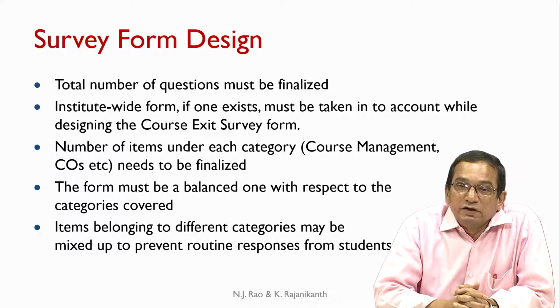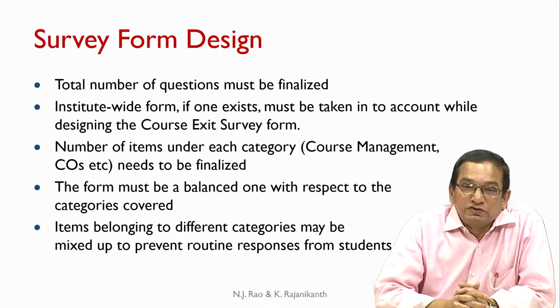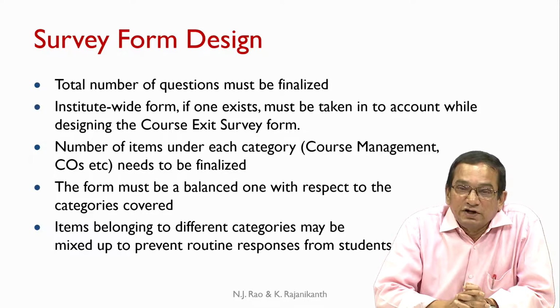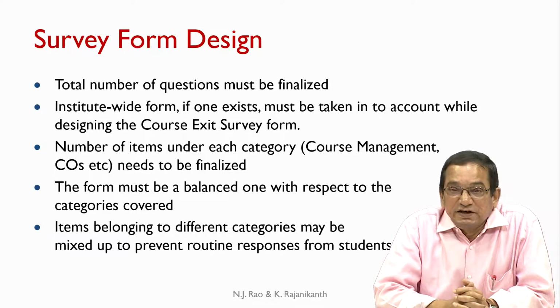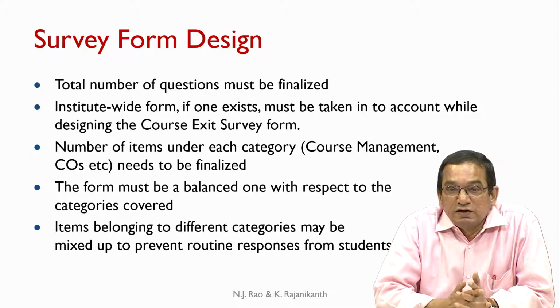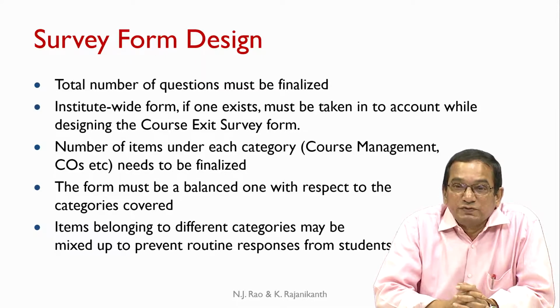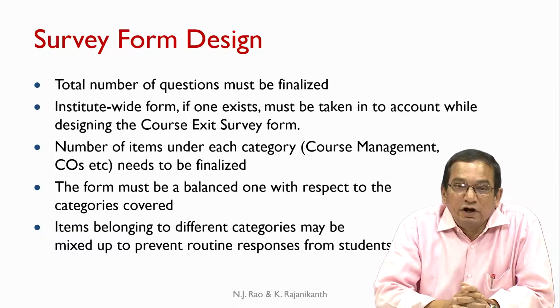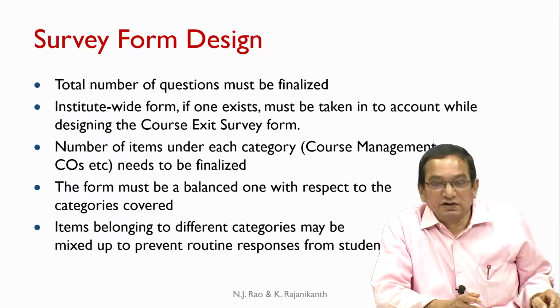So, some course exit survey forms do mix up these questions. A couple of questions regarding the course outcomes, then a couple regarding the instructor characteristics, then again a question regarding course outcomes. Like this, they can mix up these questions in order to prevent routine responses from the students. It is up to you to decide how exactly you would like to design the survey form.